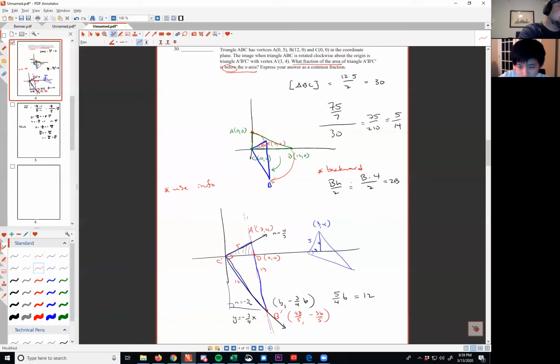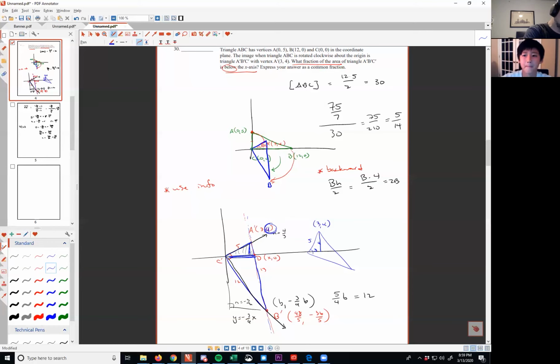A lot of times what we do in geometry is we think forward if we have enough information, but a lot of times we go, what is it we want? We want an area. How do we get an area? Oh, we do base times height. And then we go, okay, where's a base and where's a height? So we identified this base along the x-axis and this height. And then which one of those was easier? The height. We already had the height really within the coordinates.